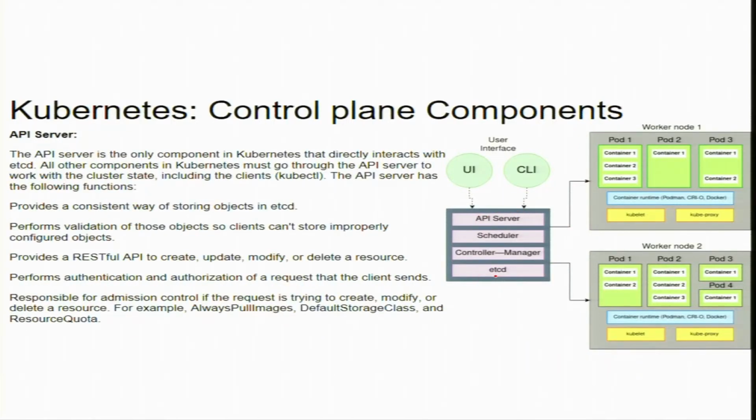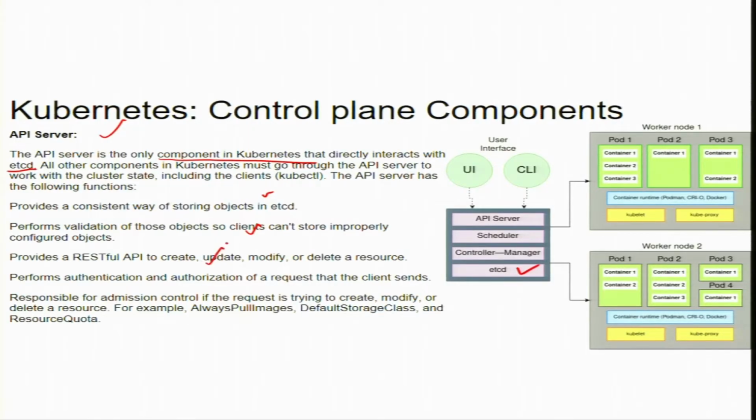The other component of the control plane is the API server. The API server is the only component in Kubernetes that directly interacts with etcd, which we have already seen in the previous slide. The API server has the following functions. The first is that it provides a consistent way of storing the objects in etcd. It performs validation of these objects, so the client can't improperly configure them.